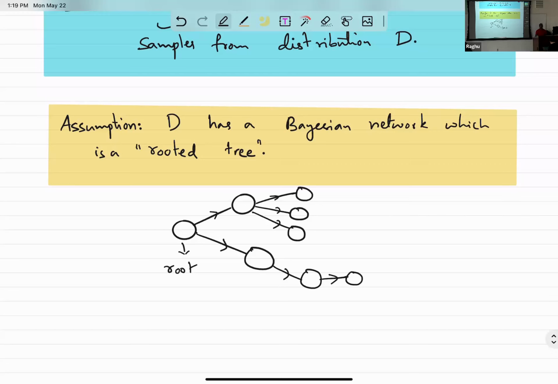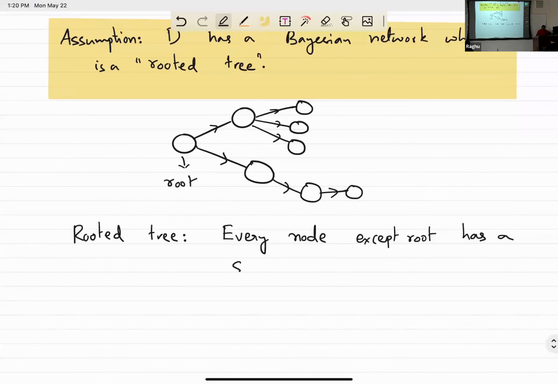This would be a rooted tree. So rooted tree means every node except the root has a single parent.